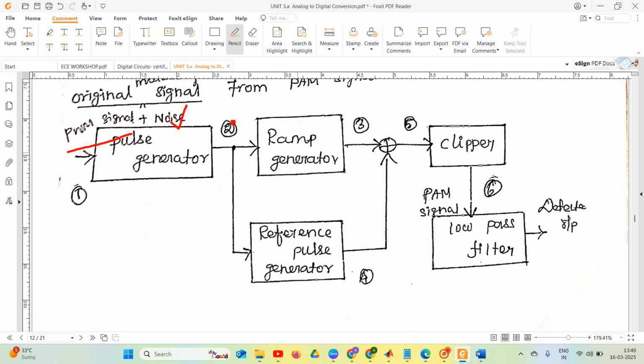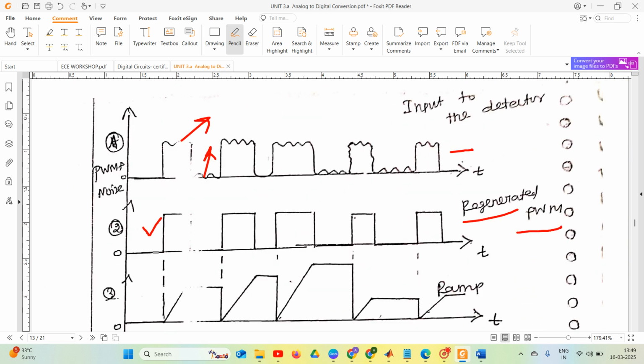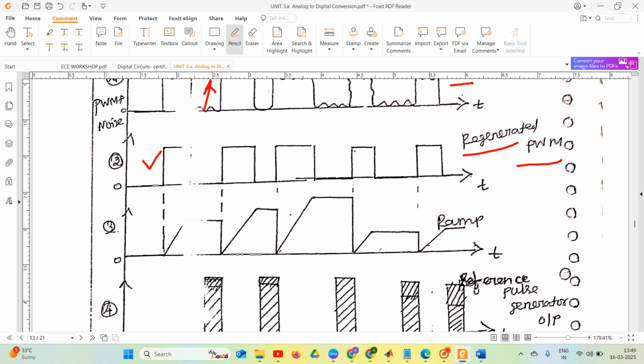The ramp generator generates the ramp signal based on the output of my pulse generator, right? How it generates it, we will see in the graphical representation. See here, this is my regenerated pulse. Based on my pulse width, I am going to generate my ramp signal, right?